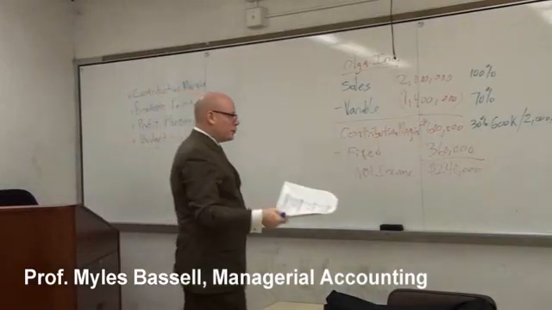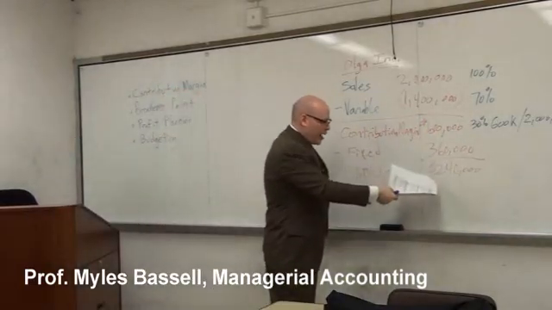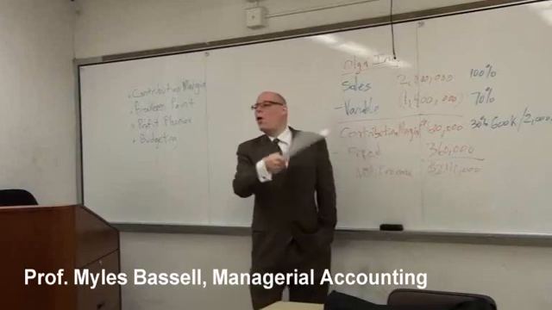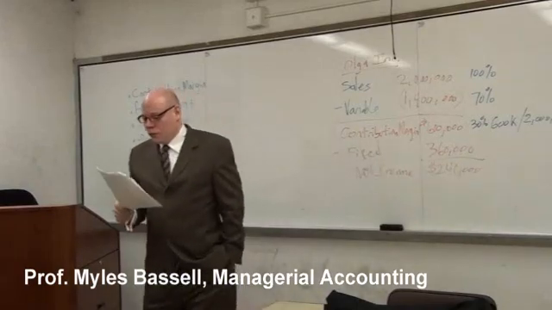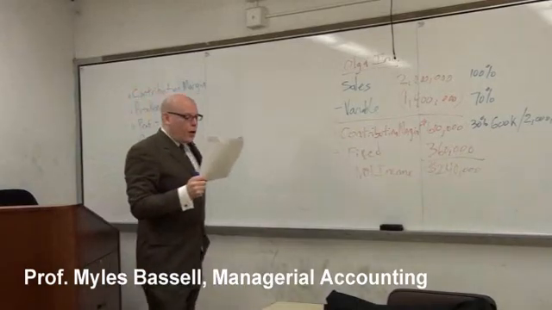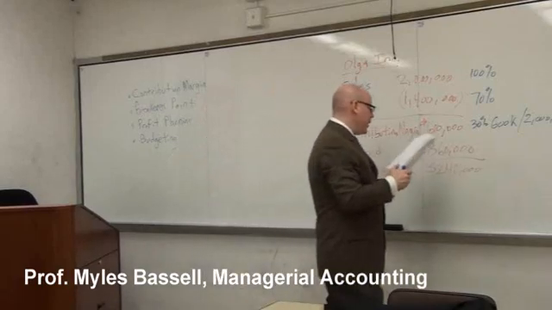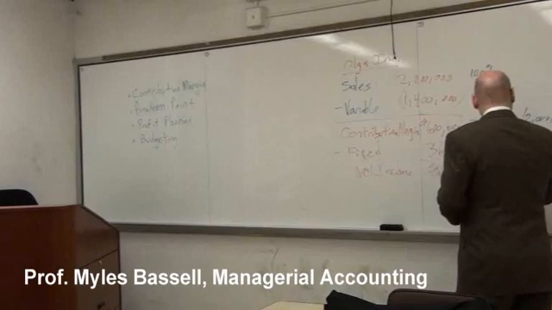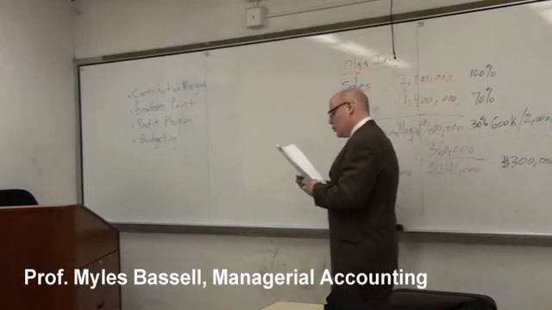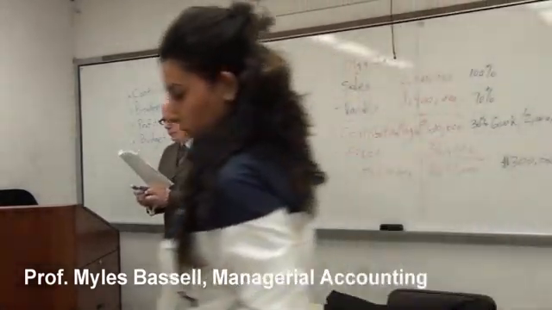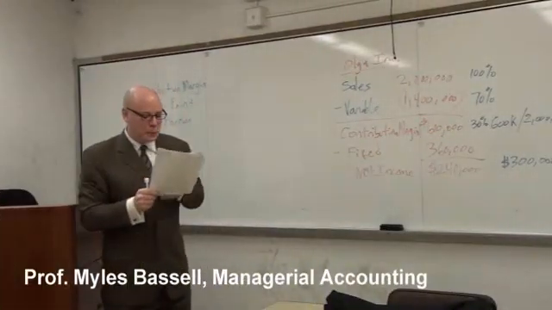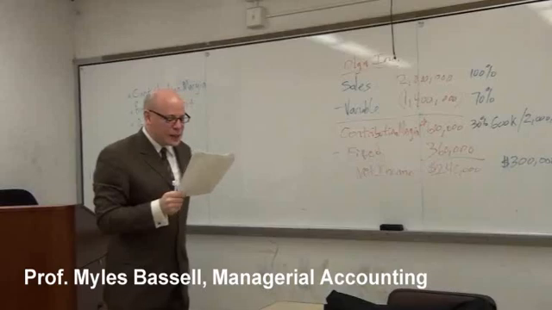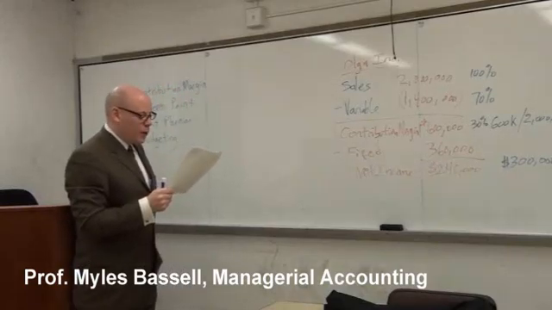We're going to have a net income that's more than 240,000. So let's say we want our net income to be 300,000. How many units would the company have to sell?